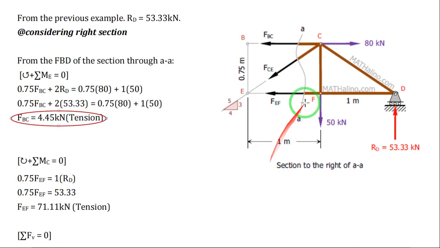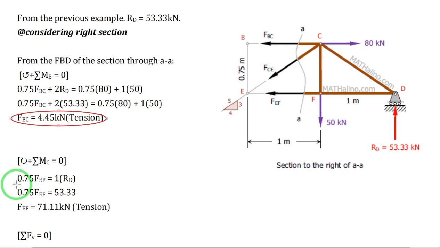Taking moment at point C equals 0, assuming clockwise moment positive, everything that will create a clockwise moment about point C is given a positive sign. The clockwise moment about C is FEF, and the moment arm of FEF is 0.75.